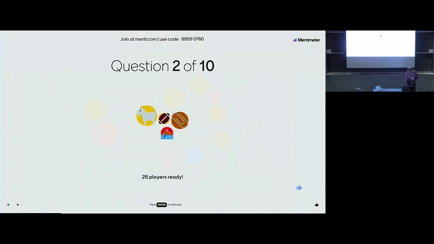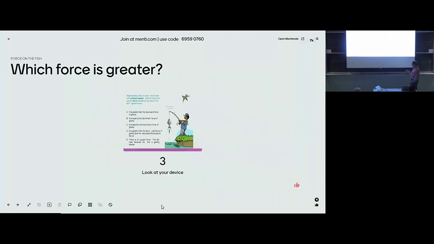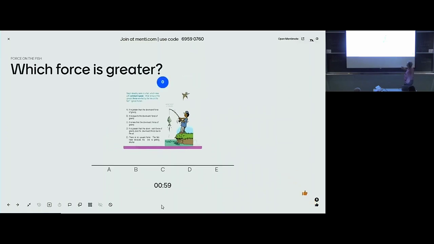The next question is, please look at your cell phone screen. It says that Steph steadily reels in a fish which is going upward at a constant speed. Which one of these answers is the correct answer?